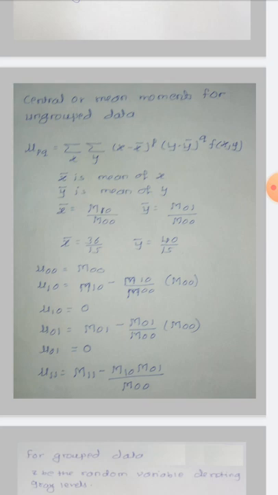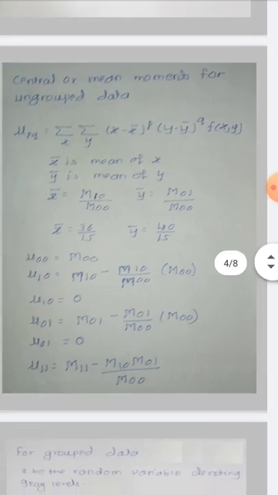And the formula for this is mu of pq equals summation x, summation y, x minus x bar raised to p, y minus y bar raised to q, f of xy. Here in the equation, x bar is the mean of x, where y bar is the mean of y.